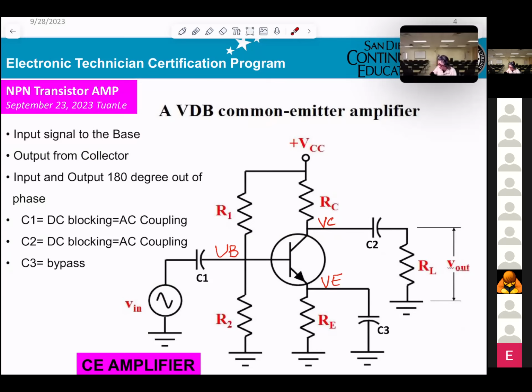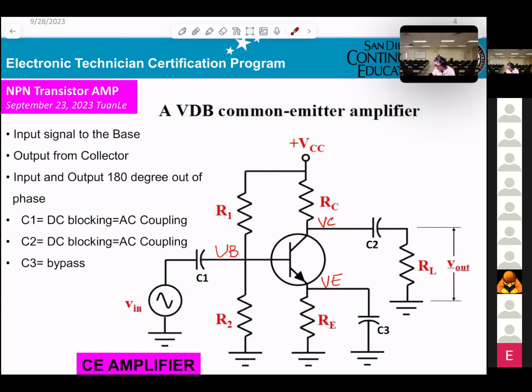Now, talking about C1. C1, the name will be DC blocking or AC coupling. What does that mean?